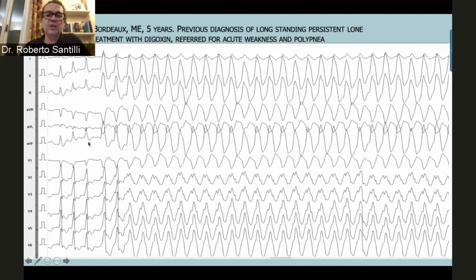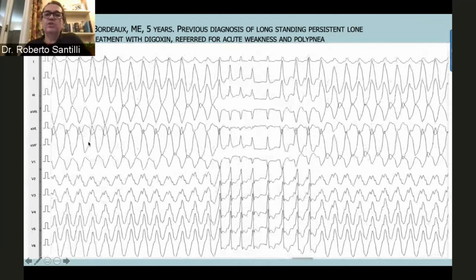So what we did in this case, we checked over time and we saw what happened. You got this that was regular and we suspected VT, and we were convinced that it was a VT because suddenly you see you have a fusion.